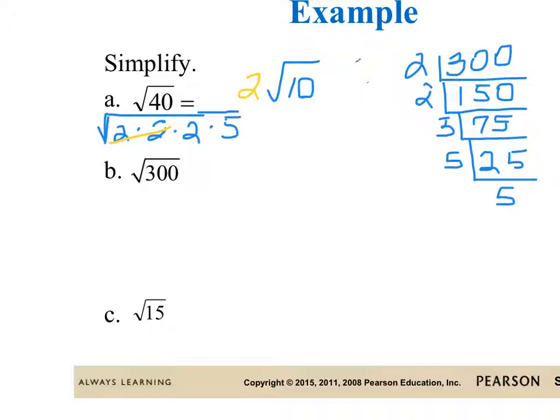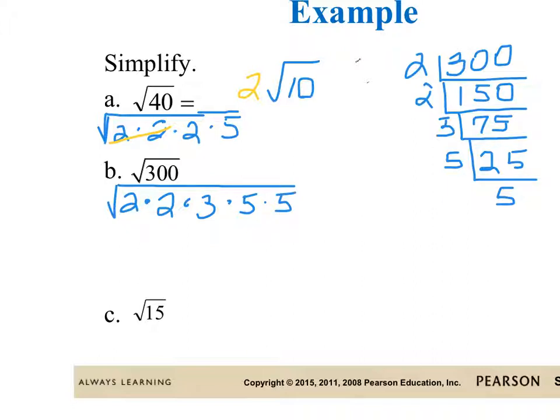So the square root of 300 is 2 times 2 times 3 times 5 times 5.